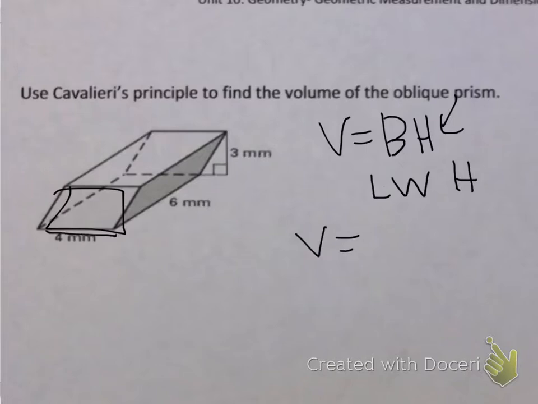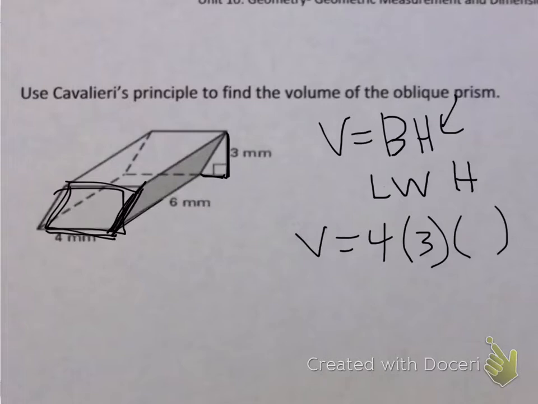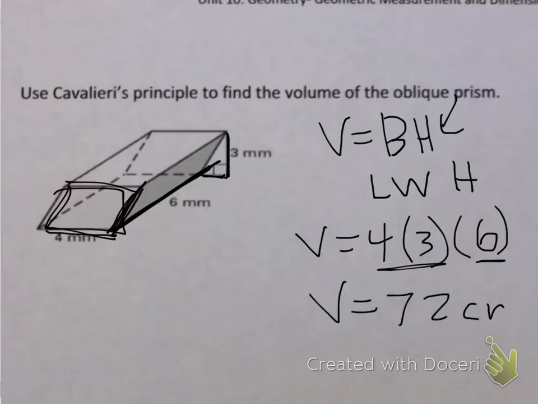So the length and the width of the base of this object would be 4 and 3, and even though they've given us another height right there, we know that's not what we're going to use. So 4 times 3, and then the height of the object would be how far the distance is between the two bases, so 6. Then we're just going to multiply those together. This would be 12. 12 times 6 is 72. So the volume would be 72 millimeters cubed.